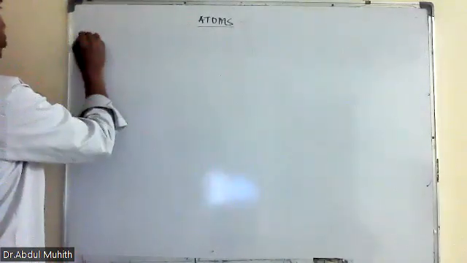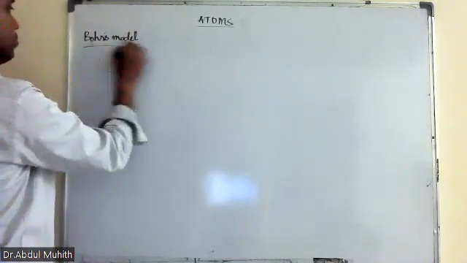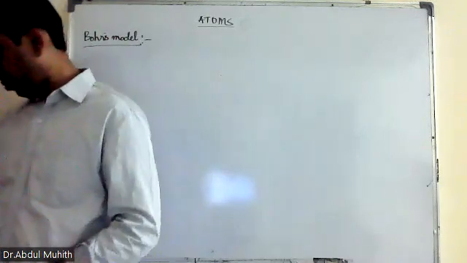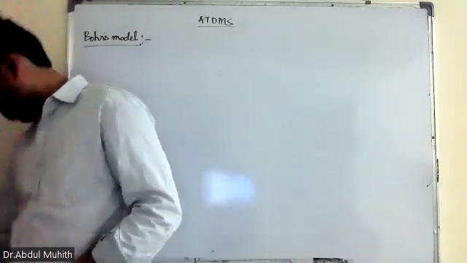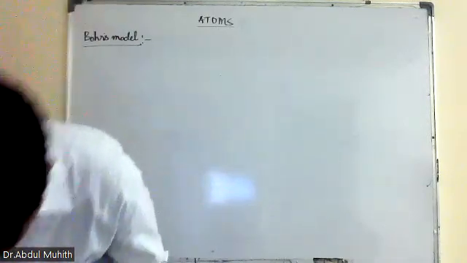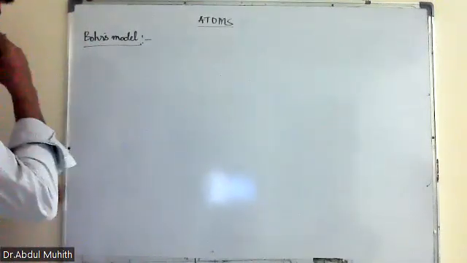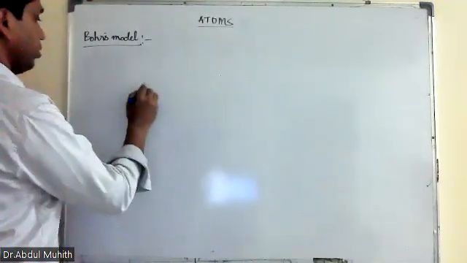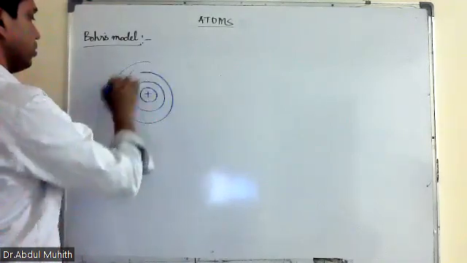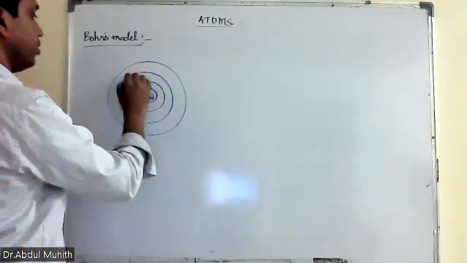Here we have Bohr's model. In Bohr's model, he is a student of Rutherford. This is the nucleus, with protons and neutrons, and electrons are revolving around the nucleus.